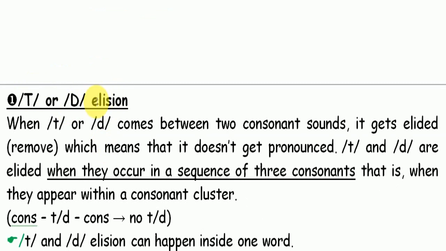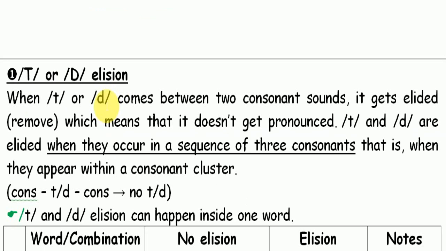T or D elision: when T or D comes between two consonant sounds, it gets elided. It here refers to T or D. It gets elided, which means that it doesn't get pronounced.